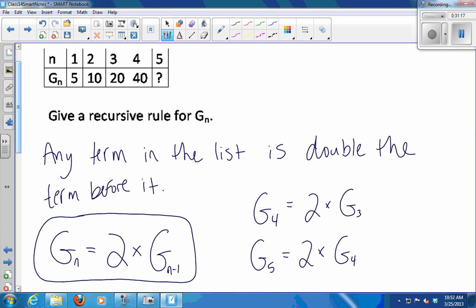If you write G5 equals 2 times G4, it's 5 minus 4 equals 1. And G4, instead of writing 2 times G3, you could think of it as 2 times G sub 4 minus 1, which is G3.